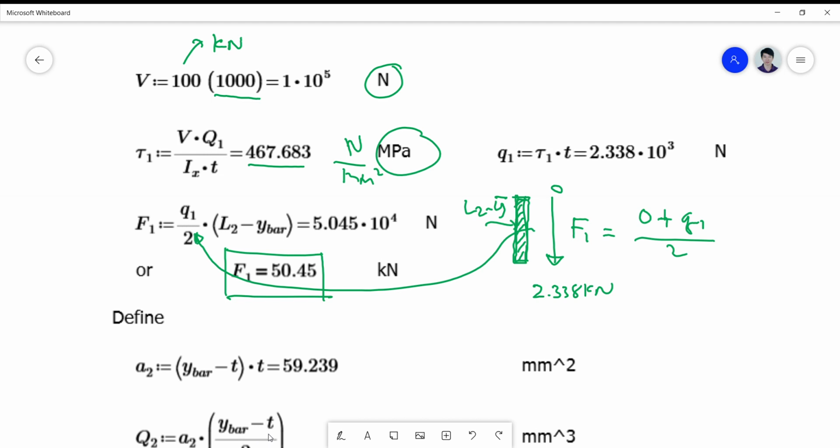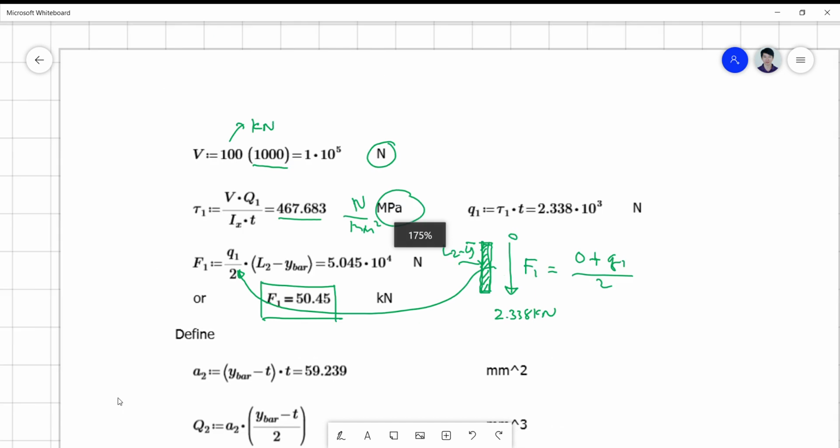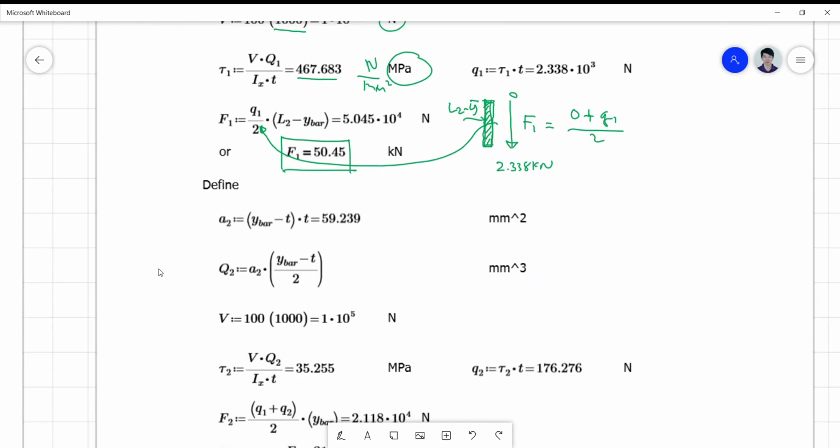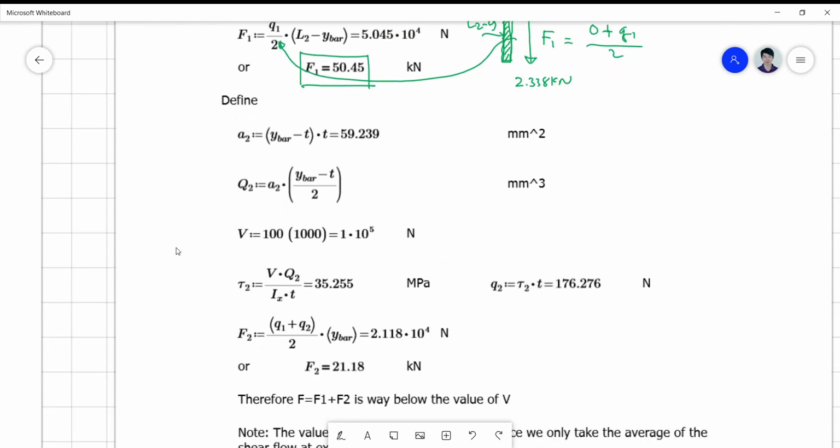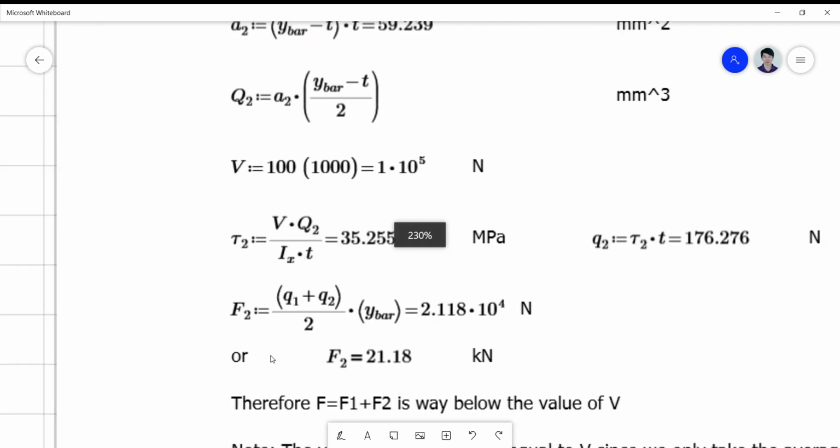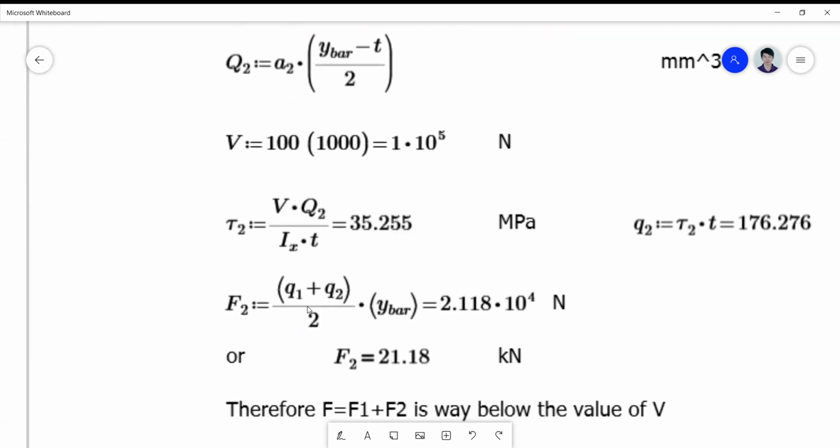Okay, so repeat that, but this time your average will be equivalent to your Q1 plus Q2 because you are starting with a value. Let's say this is now my element.